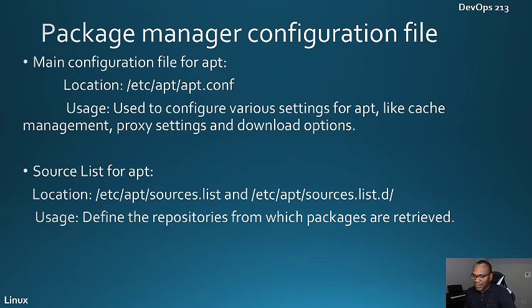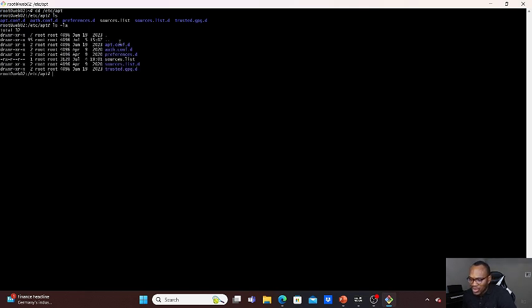If we go to our shell and run cd /etc/apt, you will see all these configuration files. Let me run ls -la. These are all the configuration files, like apt.conf.d, so you can check them one after the other.